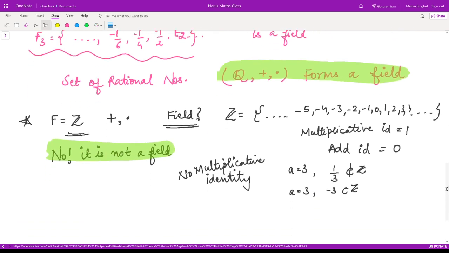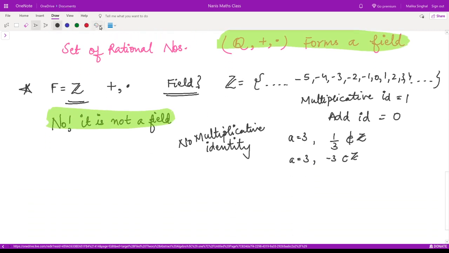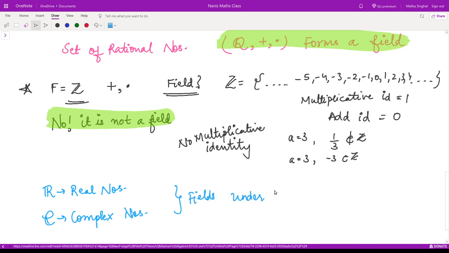Moreover, on similar grounds, we can say that the set of real numbers and the set C of complex numbers, they both are fields under the operations of addition and multiplication. This is an exercise for you.